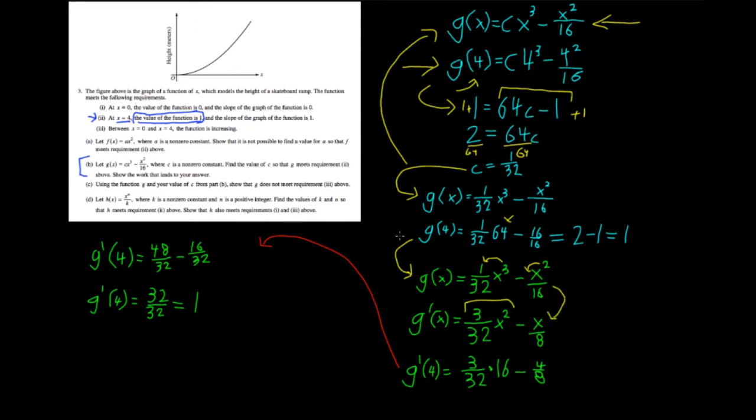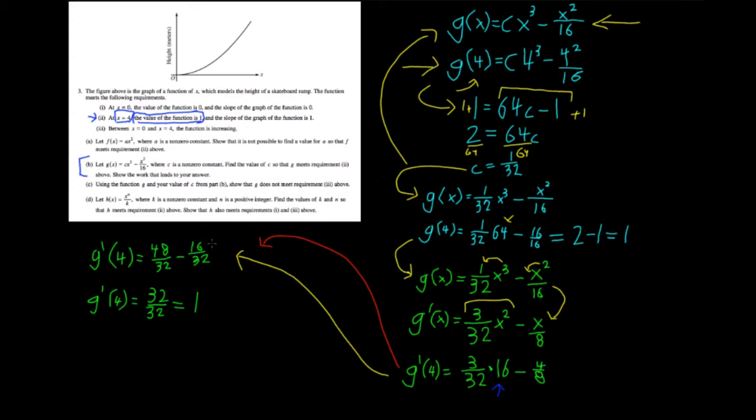And then we need to plug in 4, because at x is equal to 4, the slope of the function should be equal to 1. So we plug in 4, x squared, 4 squared is equal to 16, minus 4 over 8. And then we move on over here to simplify that. So 48 over 32 minus 16 over 32.